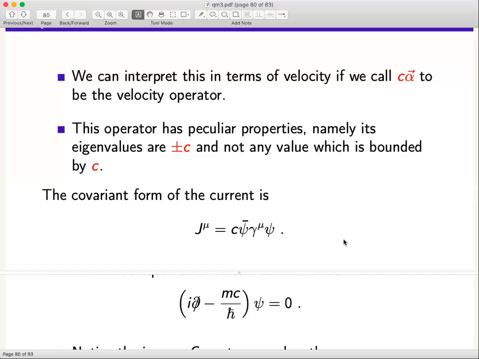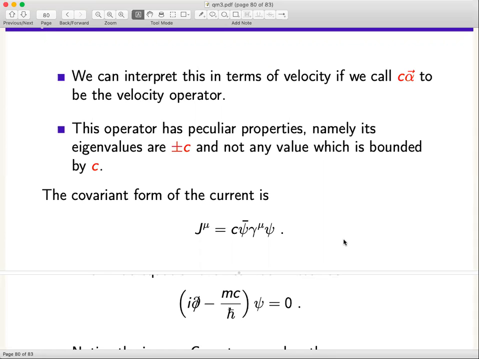Now, if you look at the Schrodinger wave function for a particle which is at rest, that means it has zero momentum, then the lower component would just trivially vanish, and you will get the answer which is only the upper component. What happens in the case of the Dirac equation is precisely that.